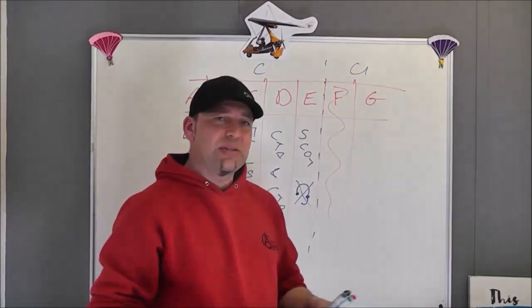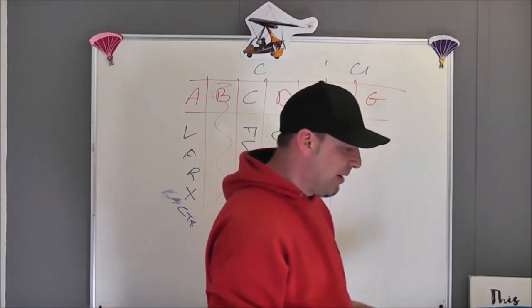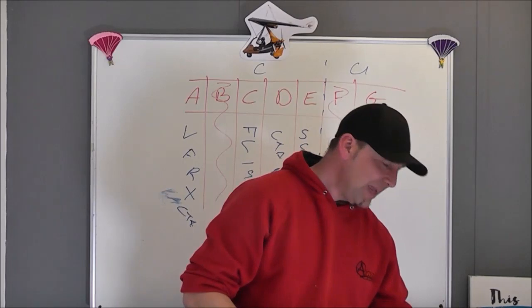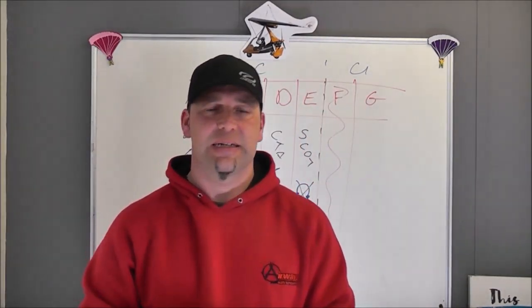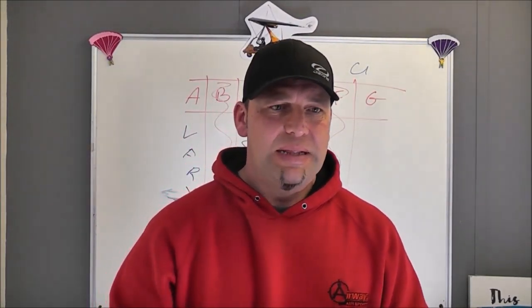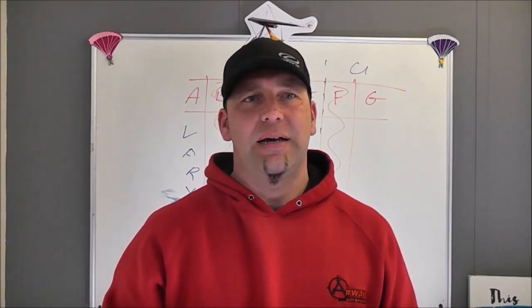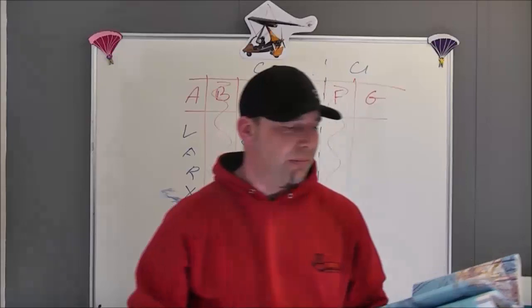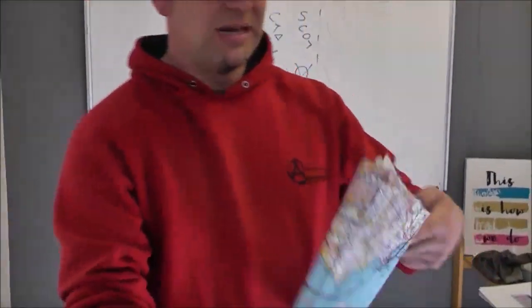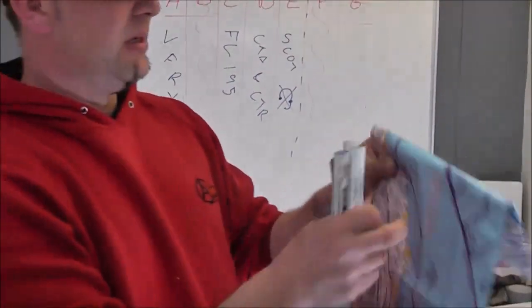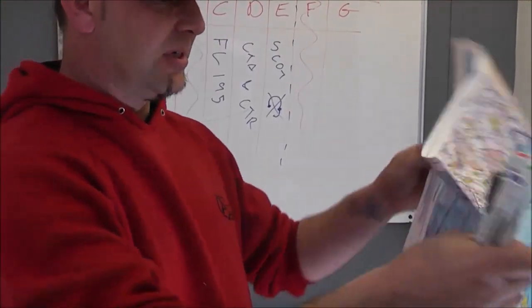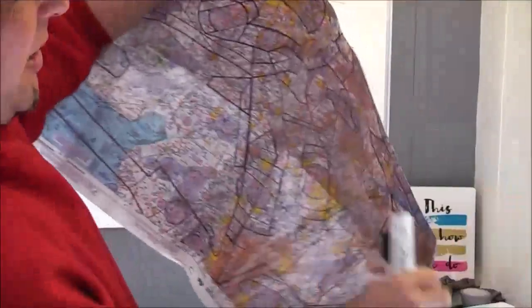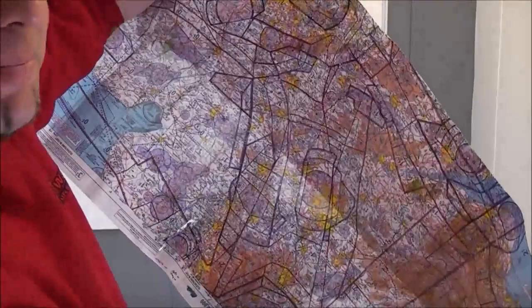Class G airspace, which is where most of us spend our time, is the unrestricted airspace. Now, a lot of people, when they first look at a navigation map, see all of these lines and all of these varying points of airspace. And I remember when I first got my first map, I hadn't done much flying at the time, but I was keen, so I bought a map.